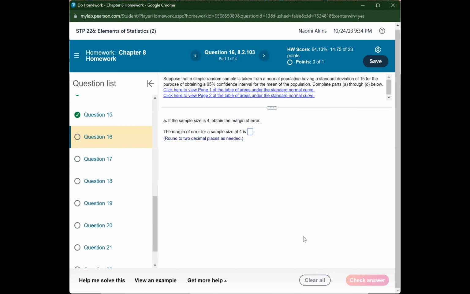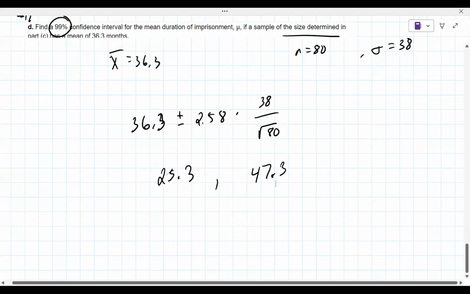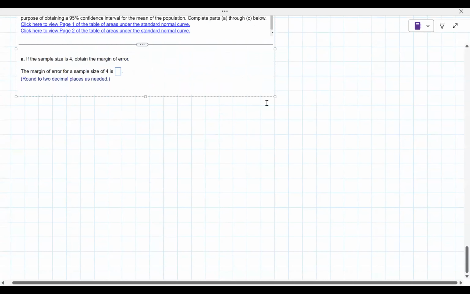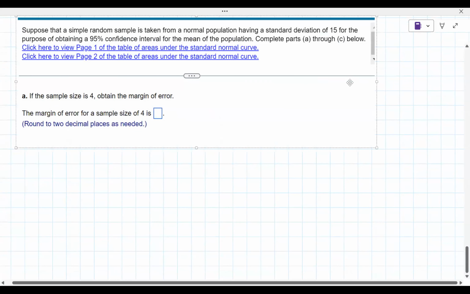So this one, we'll go back to the other screen. Okay. Grab a snip of this. All right. So we're finding the margin of error.